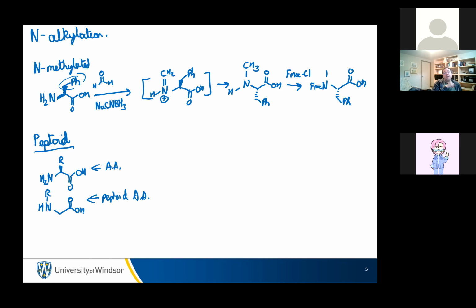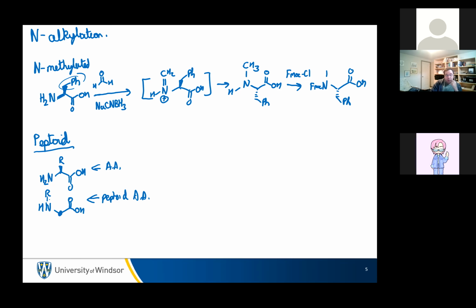Note that the difference is that I'm going to get rid of all the NHs. And I'm also going to get rid of anything at the alpha carbon. Normally you have the side chain on there. Now I have the side chain on nitrogen.